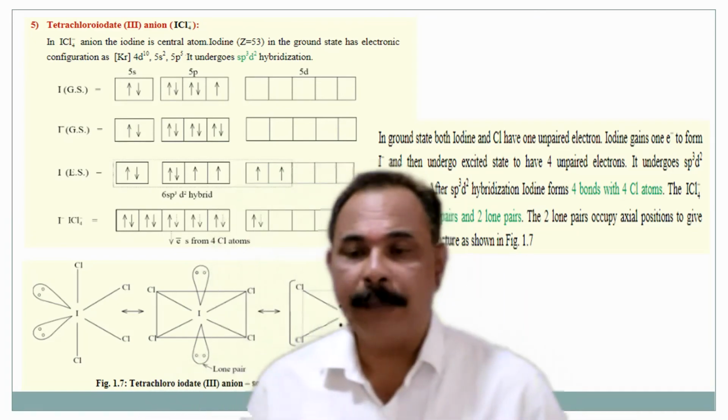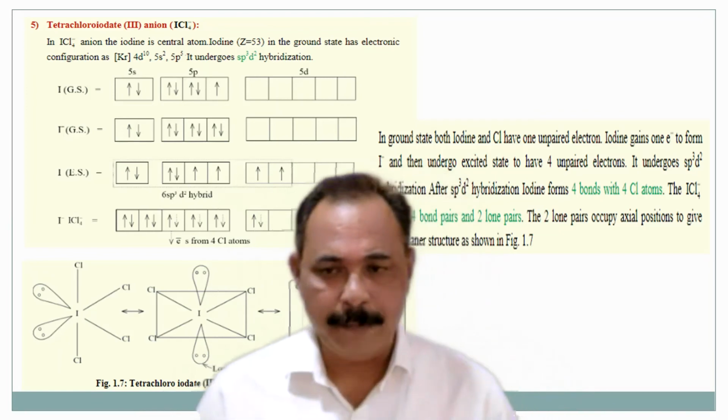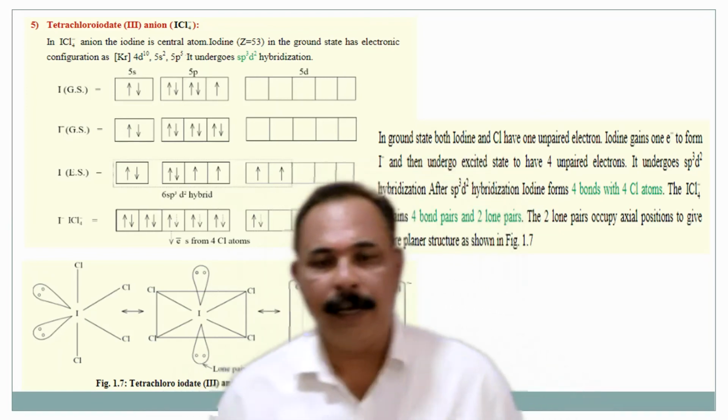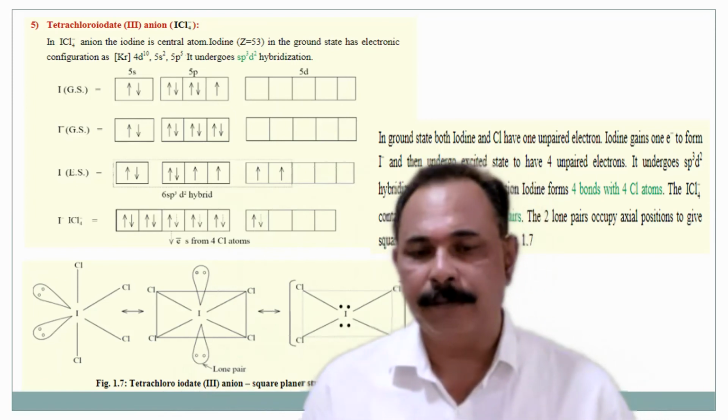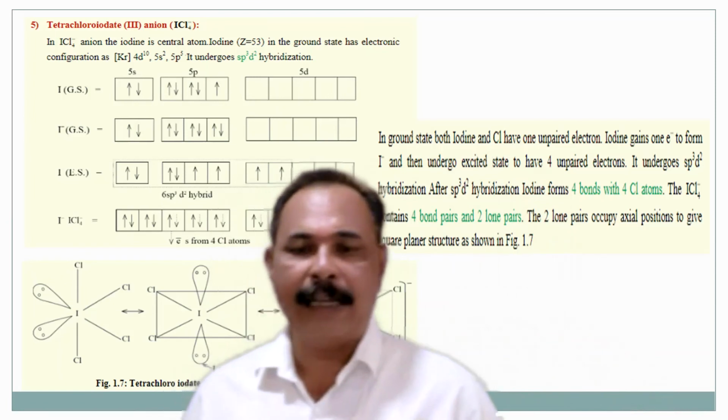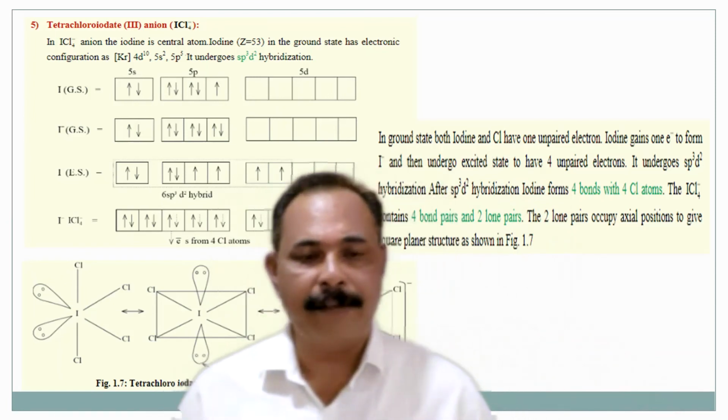The 2 lone pairs occupy the axial positions to give the square planar structure, as shown in figure 1.7.